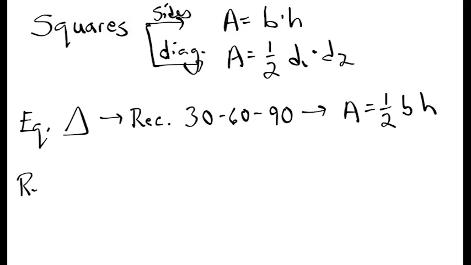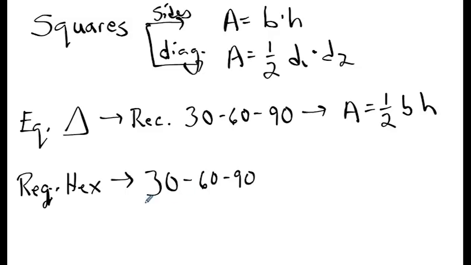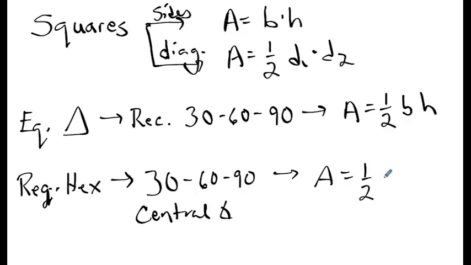And then for our regular hexagons, again, we need to see our 30, 60, 90s, which are dictated to us by finding our central angle. And then use the formula area equals 1/2 apothem times perimeter.